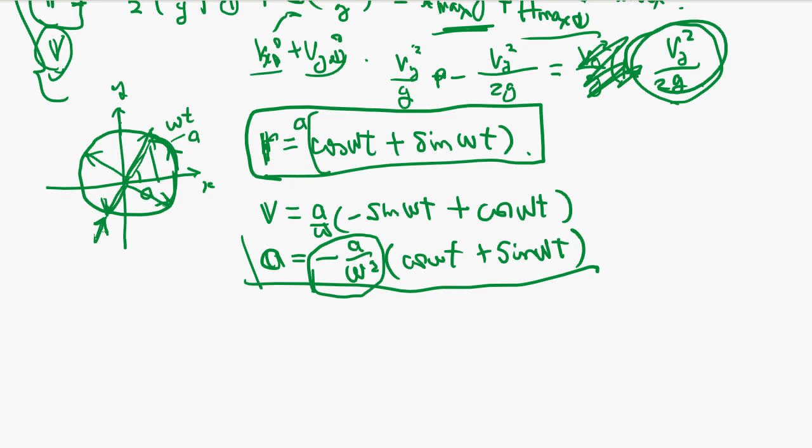Okay, so what does this tell us? It tells us that there must be a force acting on this mass in order to make a motion like this circle. What kind of force? Attracted to the origin. And usually that is like a planet circling around the sun. It's gravity.